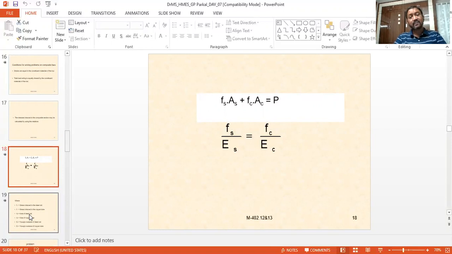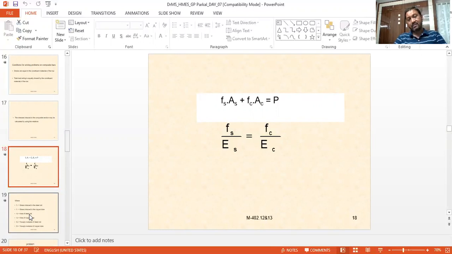The second condition is that the total load acting on the bar must be equal to the sum of the load shared by the steel and the load shared by the copper. So the total load P is equal to load shared by steel plus load shared by copper, that is P is equal to Ps plus Pc.